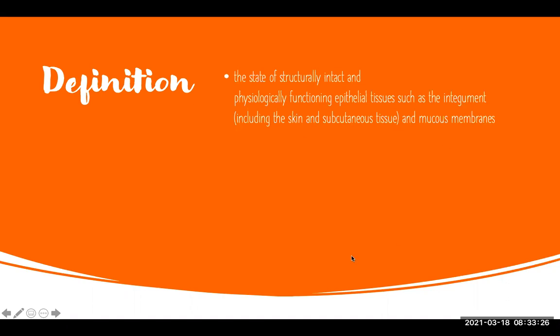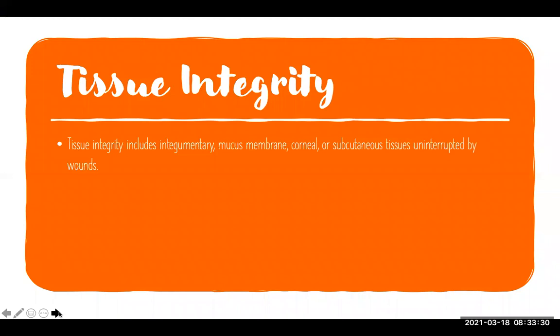That's one definition that comes straight out of your book. But tissue integrity is just the intact layers of our skin, which includes mucous membranes, corneal tissue, subcutaneous tissue. Whenever there's an interruption in any area of those parts of our skin, then the integrity is impaired.